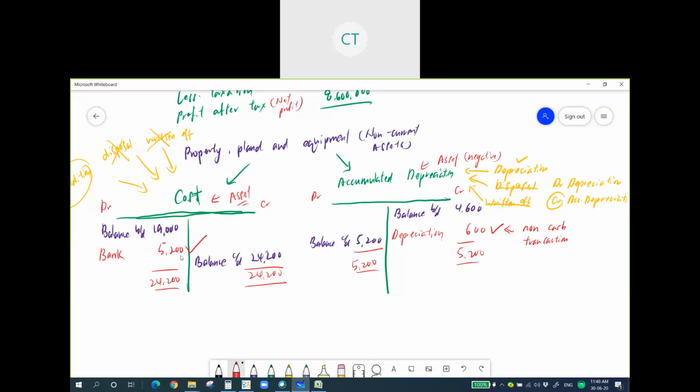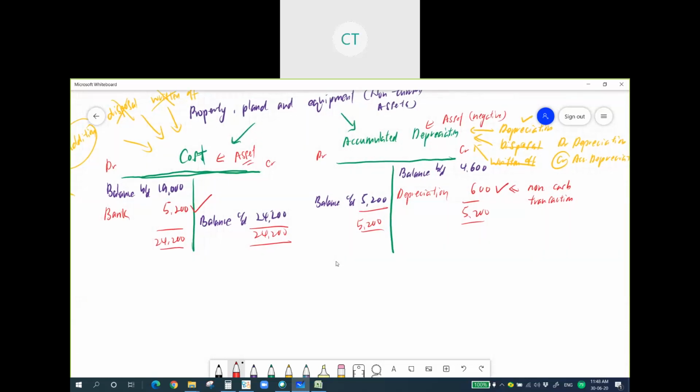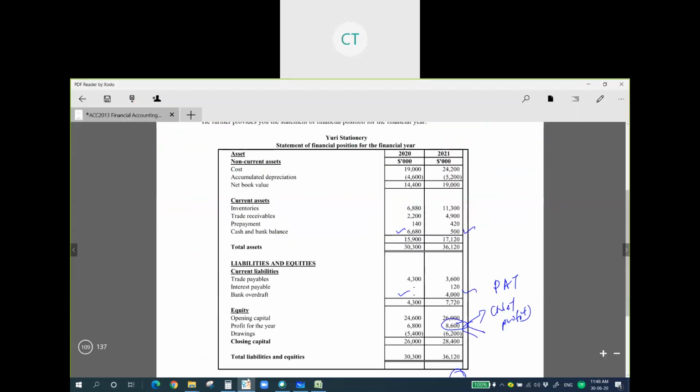Okay, so this is the information that we have to record in our cash flow statement. But I want to share something with you. In some situations, you may not have the cost and accumulated depreciation account separately. In this example, they give you cost and the breakdown of accumulated depreciation.